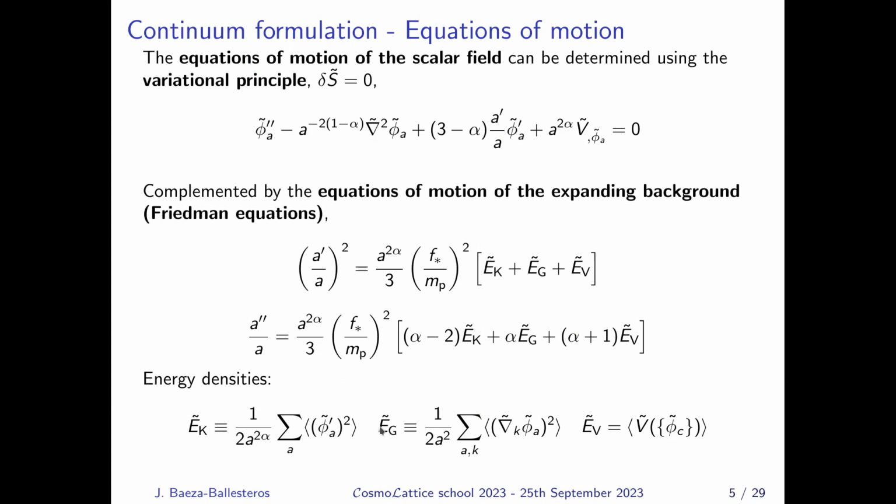On the other hand, the gradient term and the potential term are just functions of the field or of the spatial derivatives of the field. And since the field is defined at integer times, this means that the gradient and the potential energy densities will also be defined at integer times. So the kinetic energy density lives at semi-integer times, because the time derivative is defined at semi-integer times; the gradient and the potential terms live at integer times because the field and the spatial derivatives also live at integer times.